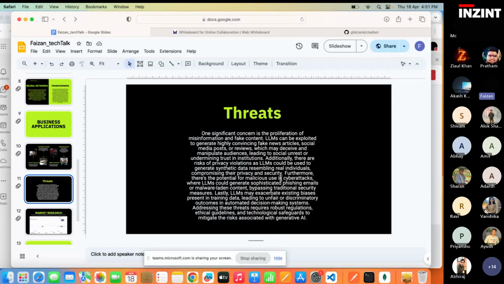Exactly. So there are a lot of browsers. You might have heard about the Tor browser. If you have gone through them, then you might have come across a lot of LLMs that prioritize unethical practices. So these things should be banned to stop the misuse of LLMs.